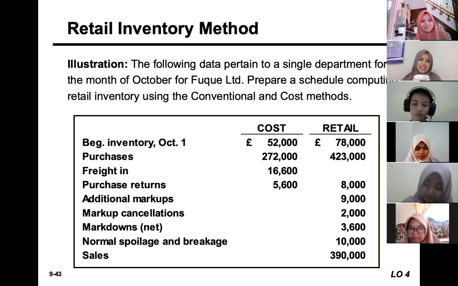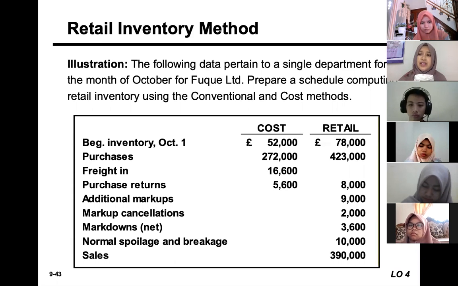Okay, and then markdown. Markdown is the opposite of markup. Your original price is 200,000, and suddenly you see the demand for that product is not that good, so you reduce the price. So that one is markdown. Let's say after you mark down from 200,000, you mark down until 180,000.